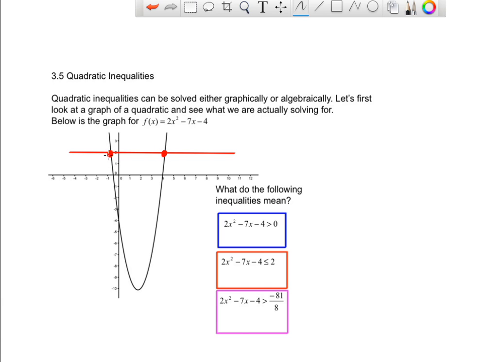So less than 2 means that we need to be between this x and this x. And again, I don't want to solve it algebraically, but let's say that that's just to the right of a negative 1. So x needs to be greater than, let's say it came out as a negative 4/5.